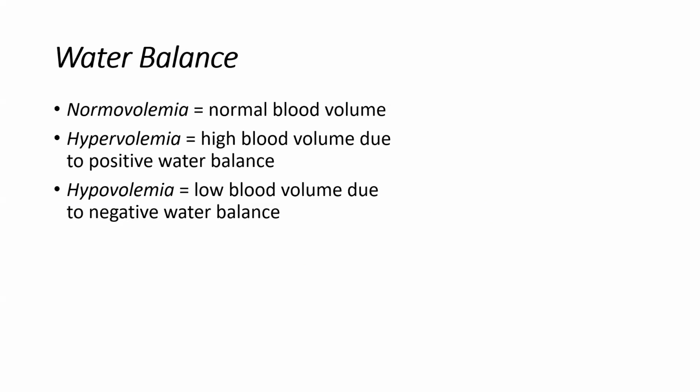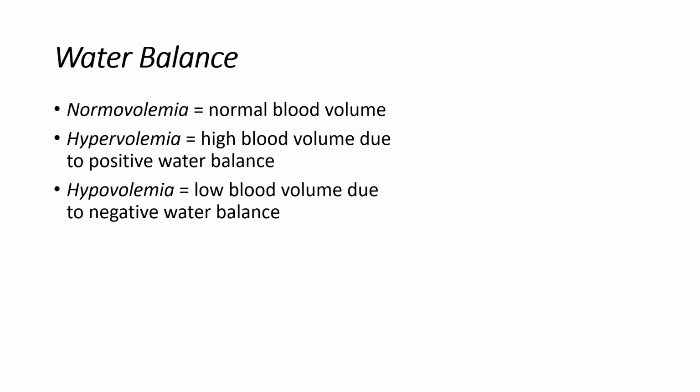Now, talking about being in a state of imbalance, this brings us to different water balance states. We can describe normovolemia as having a normal blood volume, meaning that your water inputs match your water outputs. We can also describe hypervolemia as having a higher blood volume due to a positive water balance, and this means that your water inputs exceed your water outputs.